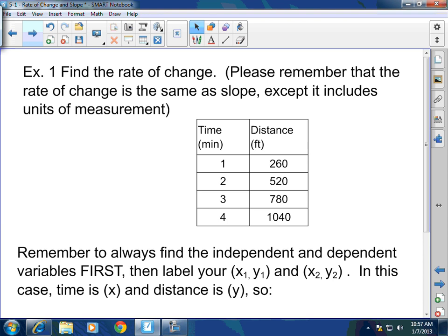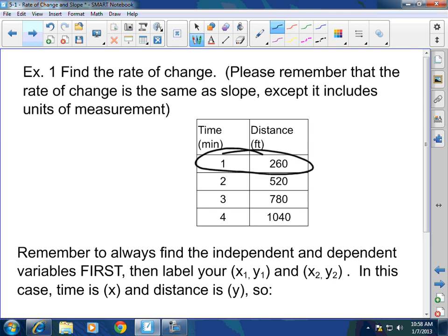Now, let's talk about an example. Let's go ahead and find the rate of change. Notice in parentheses I put here, please remember that the rate of change is the same as the slope, except it includes units of measurement. So what we do here is, okay, my first point, isn't this my first point here? Yeah. I like to label things. That's my x1, that's y1.